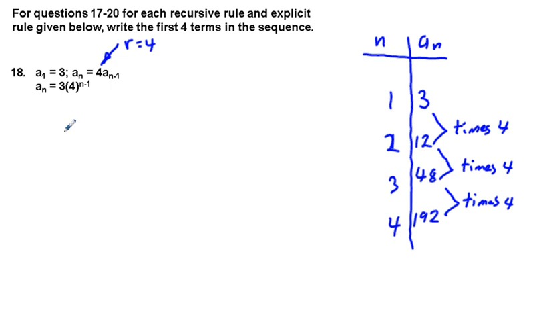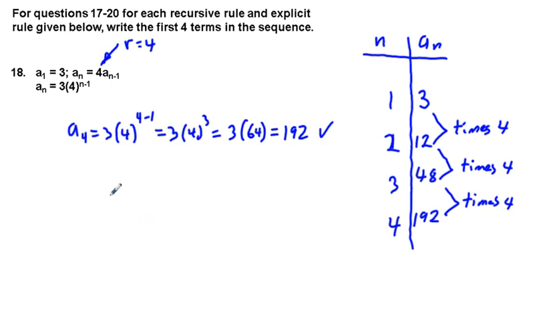We would have a sub 4 should be equal to 3 times 4 to the power of 4 minus 1, which equals 3 times 4 to the power of 3. Well, 4 to the power of 3, 4 times 4 times 4, 64. So we have 3 times 64, which is going to be equal to 192. Check.